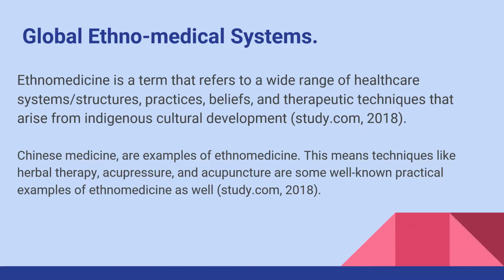Many forms of Eastern medicine, such as traditional Chinese medicine, are examples of ethnomedicine. This means techniques like herbal therapy, acupressure, and acupuncture are some well-known practical examples of ethnomedicine as well. This is according to study.com 2018.